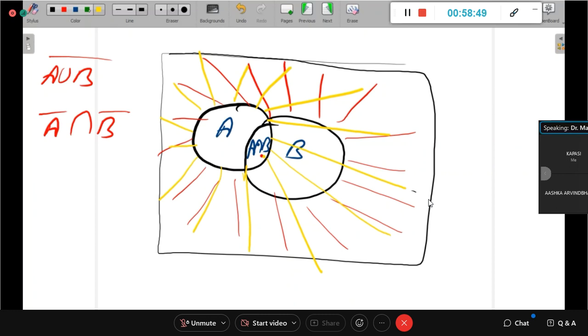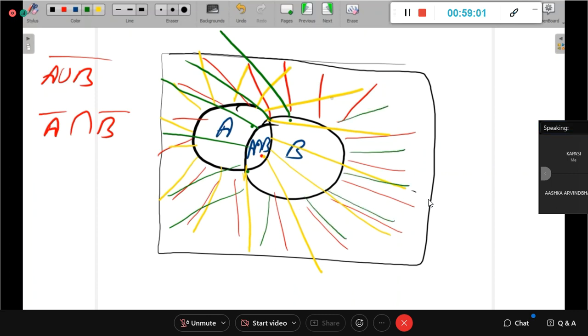And B complement is somewhere like this. If you try to find the intersection, you will find only these red lines. So this proves De Morgan's law. Similarly, for the other part, you can prove that A intersection B complement is A complement union B complement. That's fine.